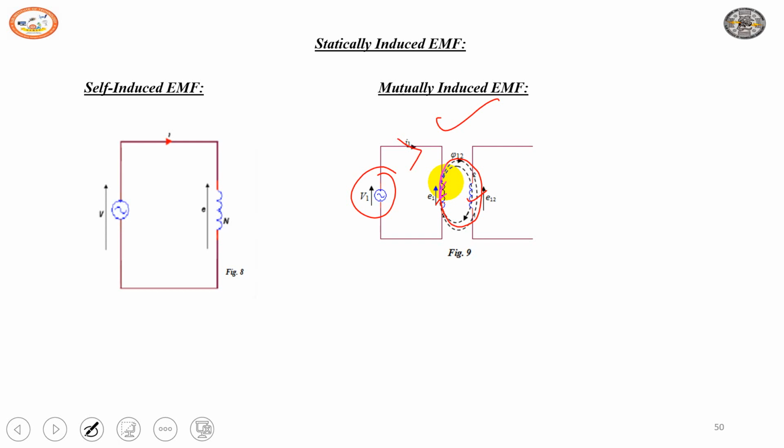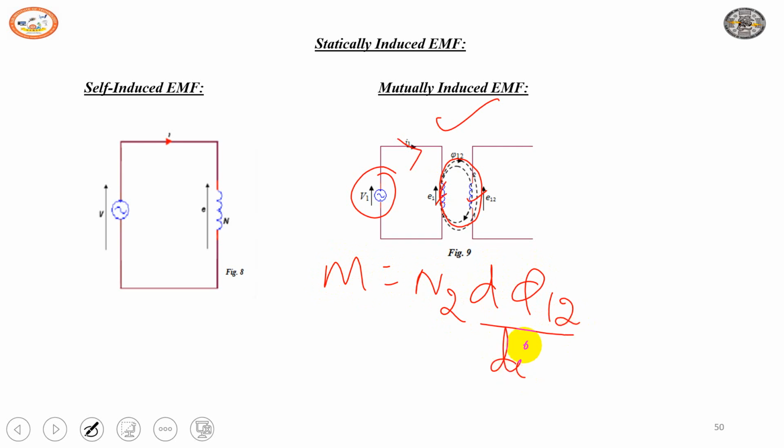We can write the mutual inductance M is equal to N2 into d phi 12 divided by d i1. What I mean by d phi 12 is the flux which is produced by I1.